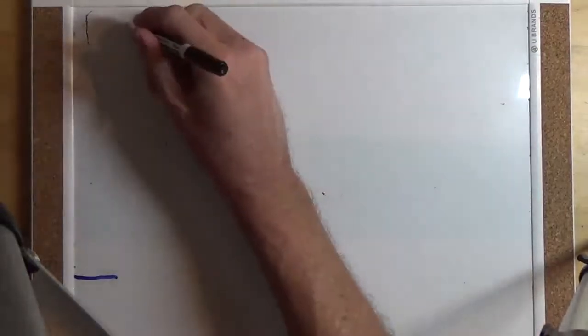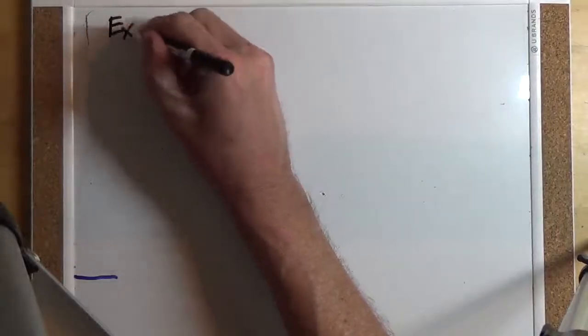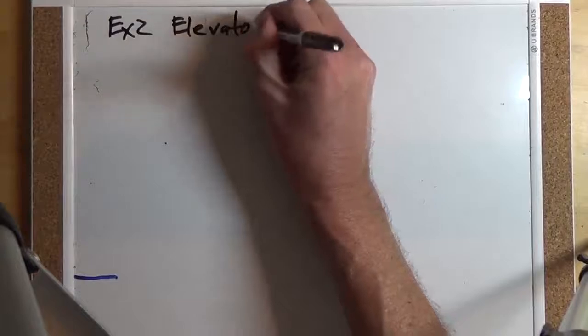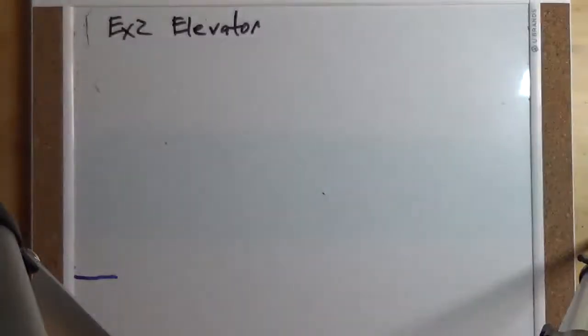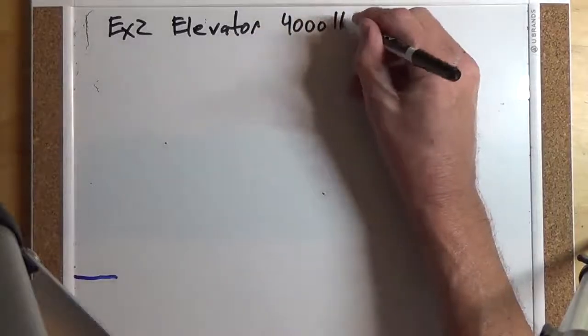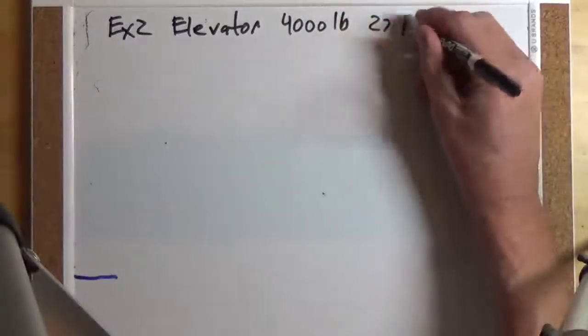I'm going to do example 2 and example 3 out of section 6.4. So example 2 is the elevator problem. Basically, we're looking at an elevator that has a load capacity of 4,000 pounds, or say 27 people.